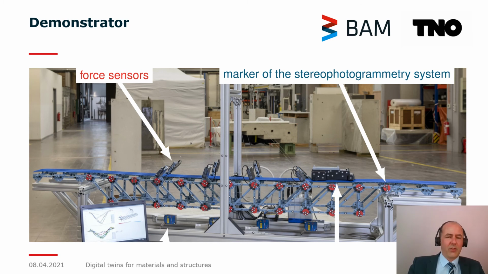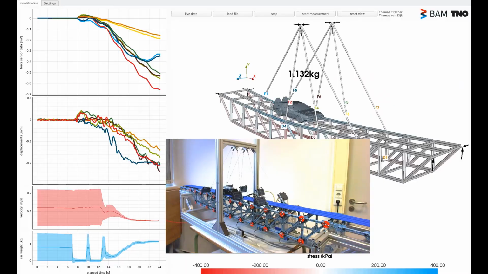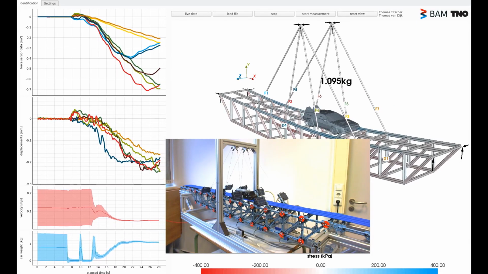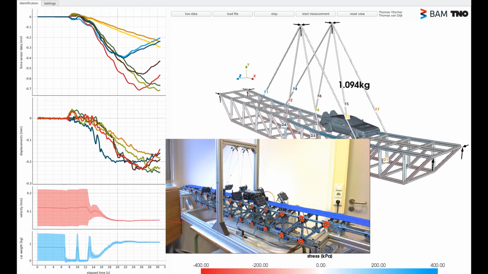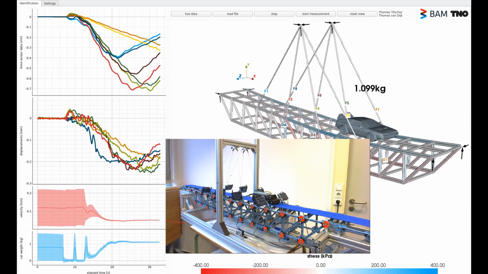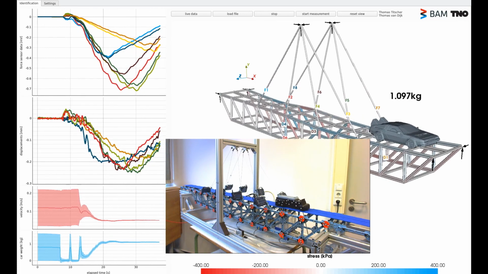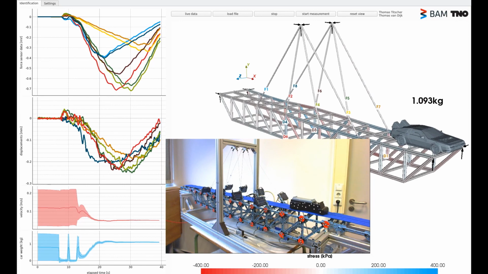And then just for the lab, we have an additional stereo camera. These are the funny red dots that you see here with these patterns that allow us, based on the stereo camera system, to monitor the displacements in real time. So what you see here now is the real-time application. On the top left, you see the force, and below the displacement, so the laser sensors, and you see the identified position of the car compared to the real one in the center.